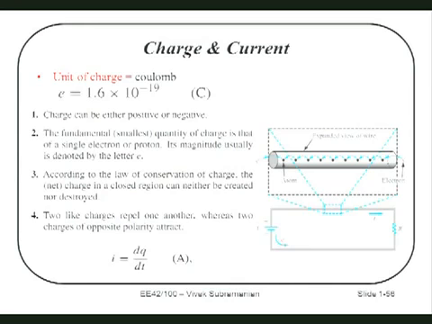Can you give me a charge that moves? Well, actually, first, can you give me a charge that moves that is positive? No, that is with respect to the vector associated with current. I'm talking about charge.